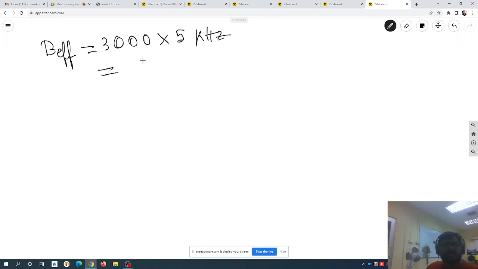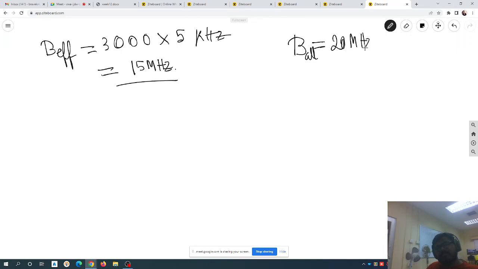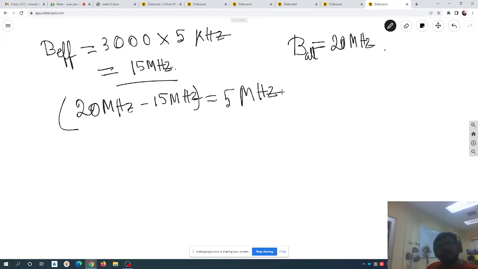So this becomes 15 megahertz. And what was our allocated bandwidth? That was 20 megahertz. So how much bandwidth are we losing to avoid the interference? This is 5 megahertz. So this problem arises in an OFDM system.